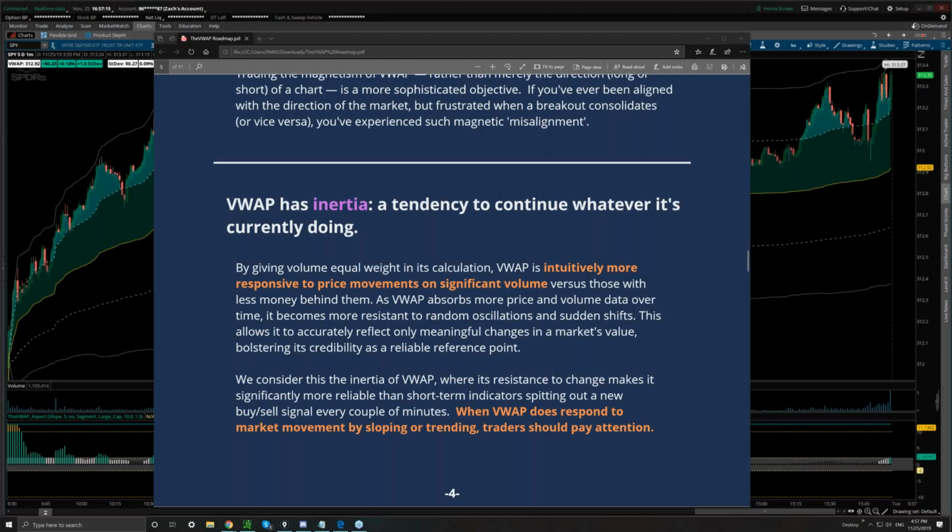Because moving averages are typically shorter term and very responsive to changes, you're going to get a lot of signals, which can seem appealing, I understand, to an active trader. But the problem with getting a lot of signals is how credible are those signals? It's like the boy who cried wolf. He's going to give you a lot of signals, but half of them are going to be lies, right?